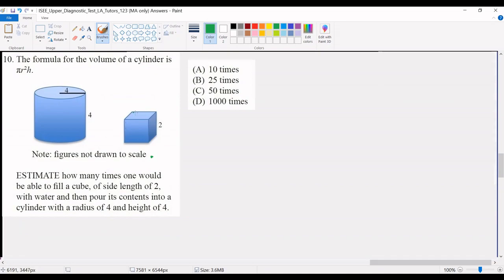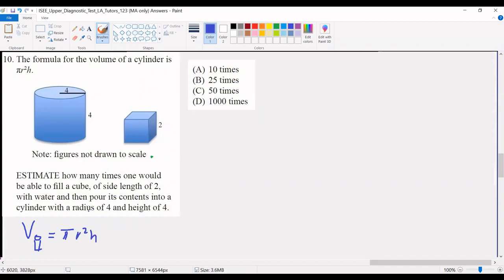So all they're really trying to tell us is we're going to pour water into our cube, then see how many cubes we can pour into our cylinder. So we're going to first start off with the volume of our cylinder. So they gave us the formula. The volume of the cylinder is equal to pi r squared h.